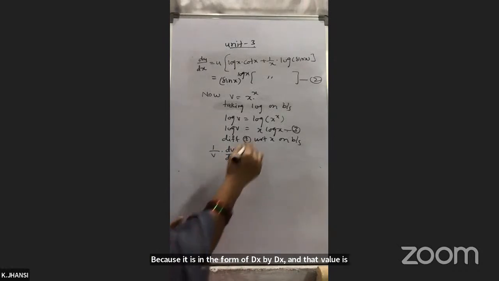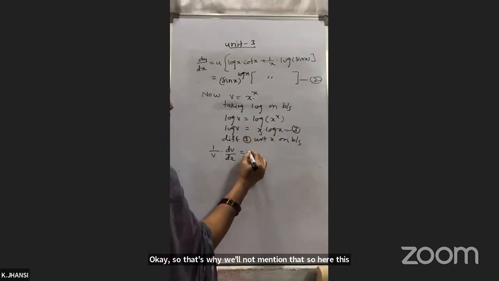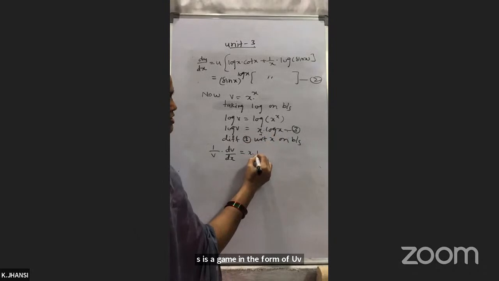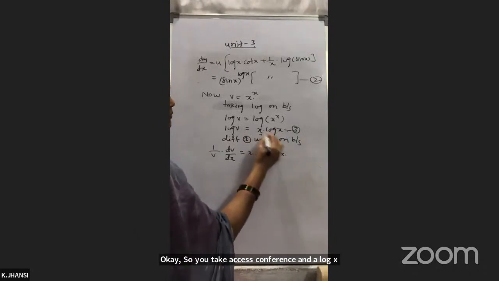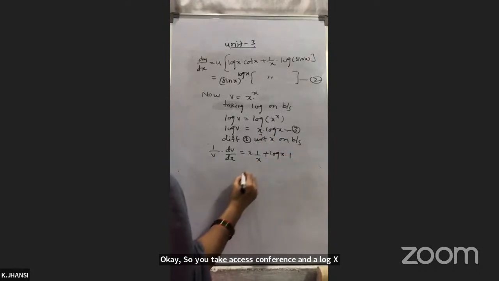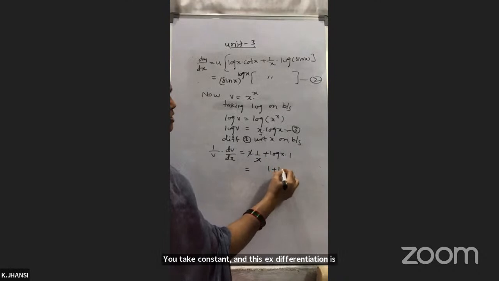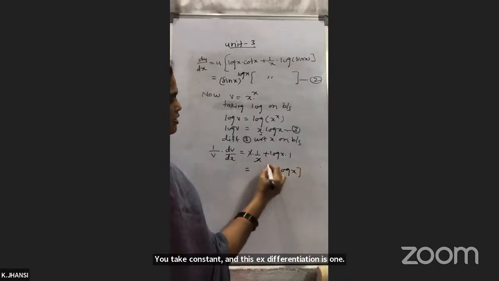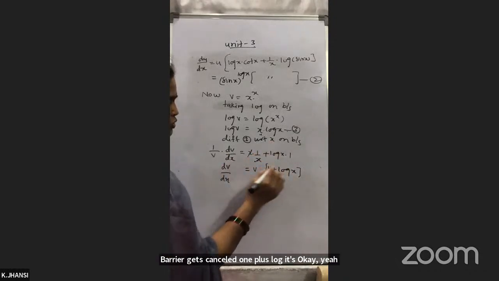So here, this is again in the form of uv. So you take x as constant, and log x differentiation is 1 by x, plus log x you take constant and this x differentiation is 1. So it is equal to x by x, both will get cancelled, 1 plus log x. Here dv by dx is equal to, you take this v this side, this is v into this one.